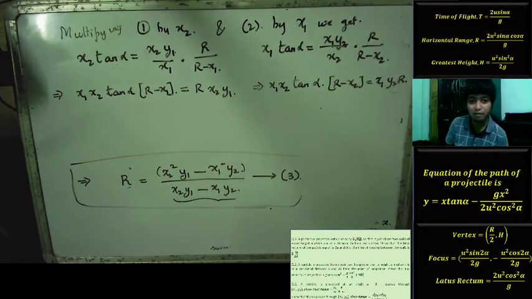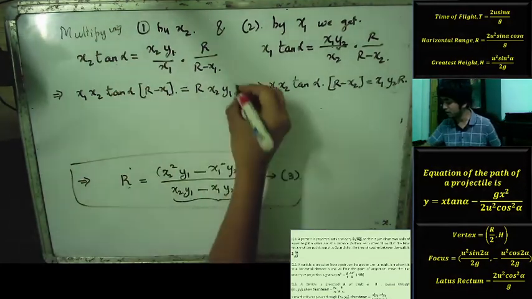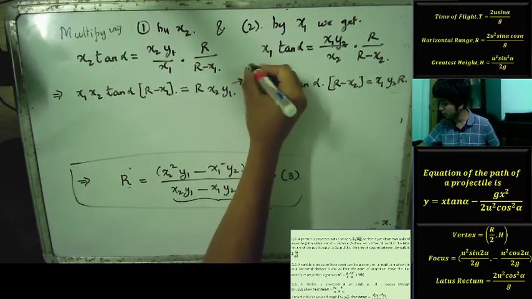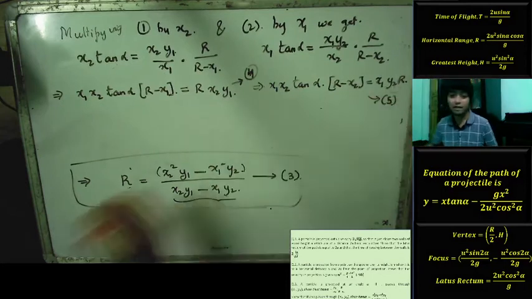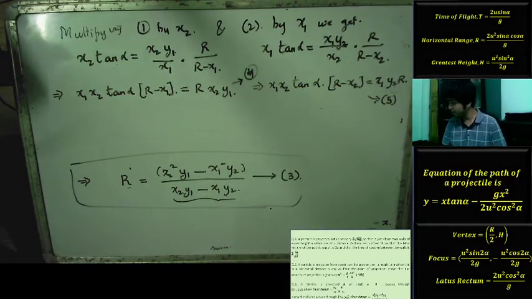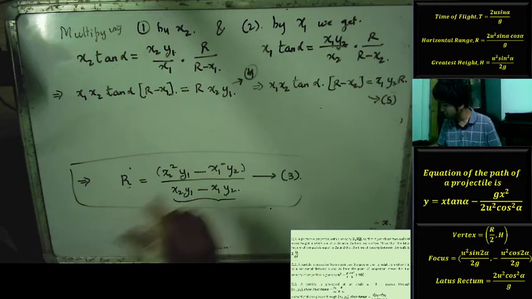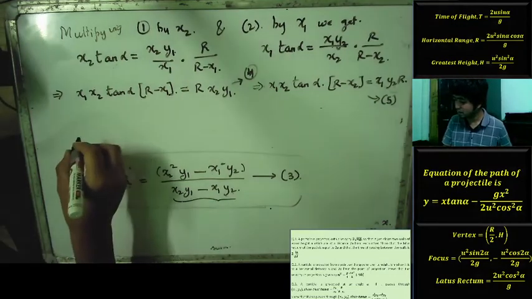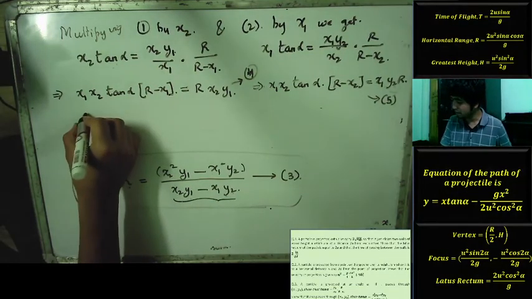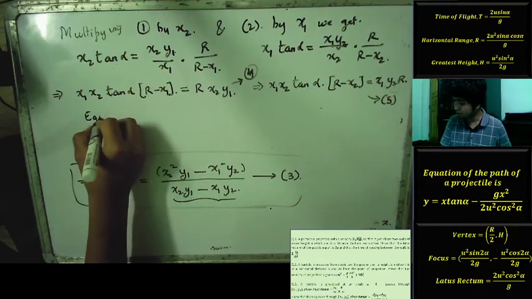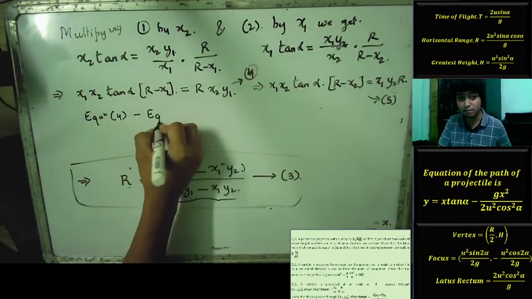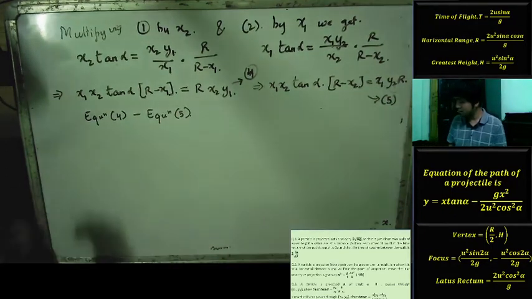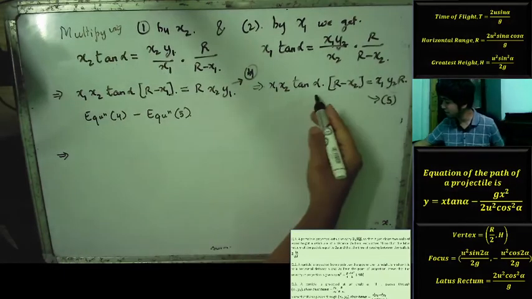Make this one equation 4 and this one equation 5. Sorry, we will be needing x2 y1 minus x1 y2, so we can just subtract them: equation 4 minus equation 5.